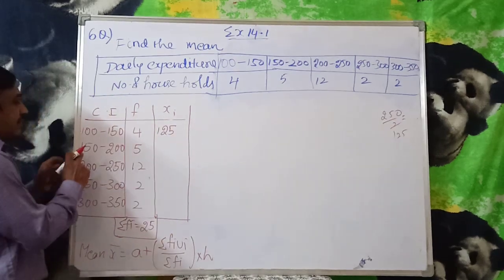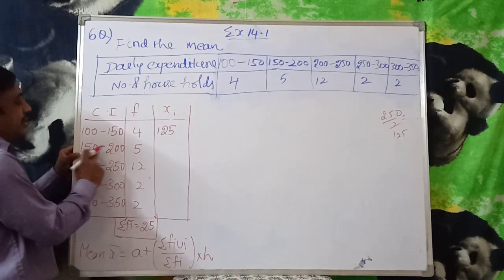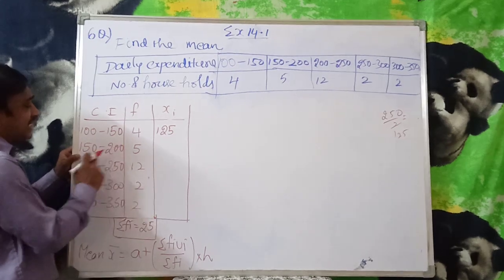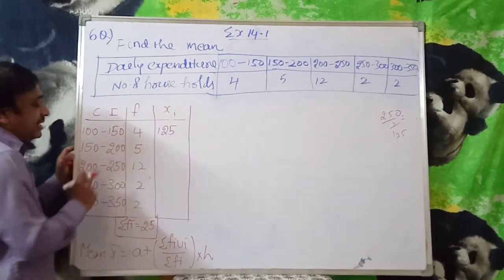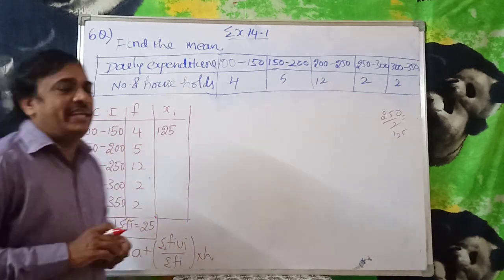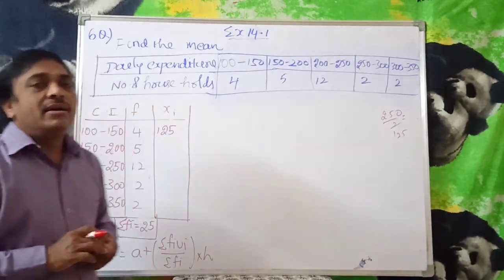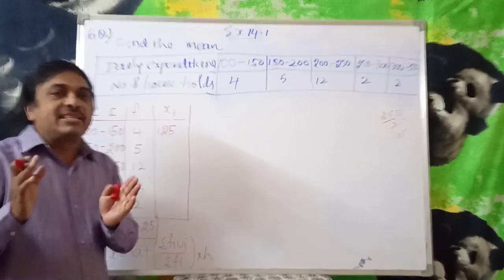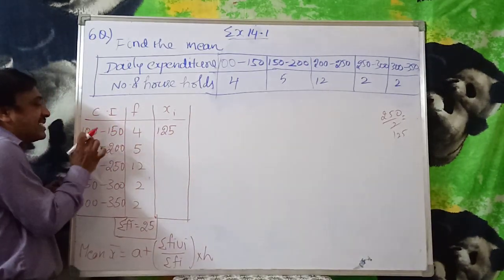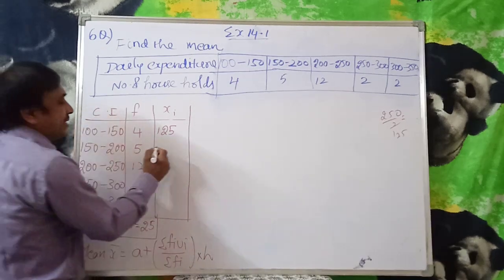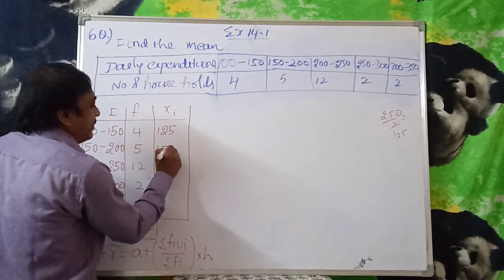Next class mark, 150 plus 200, you will get 350. 350 divided by 2 is 175. You see the class size. How much is it increasing? 50 is the class size. So this will be 175.